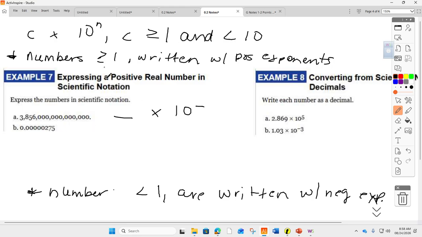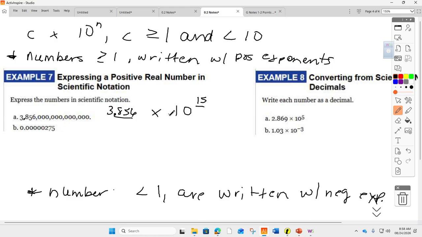So starting here, that's 3, 6, 9, 12, 13, 14, 15. 3.856 falls within that range, and that's a period, not a comma. And I moved it back 15 places, right? So that big number can be written in scientific notation as 3.856 times 10 to the 15th power.